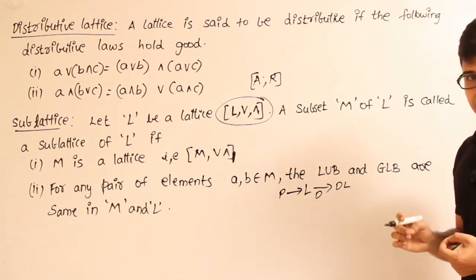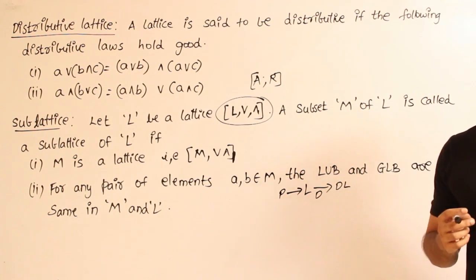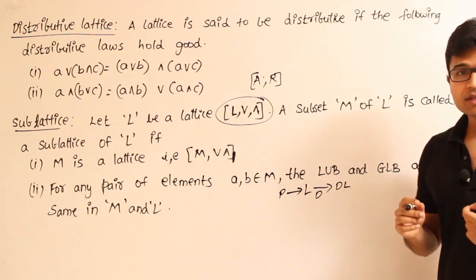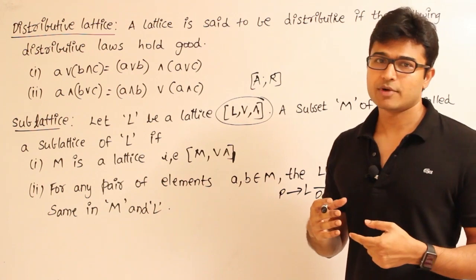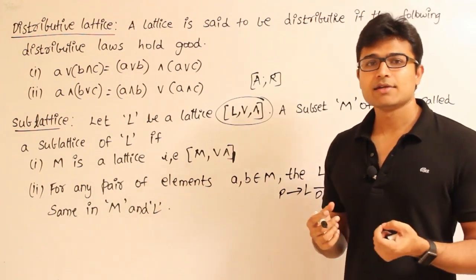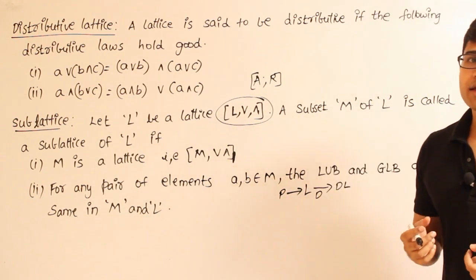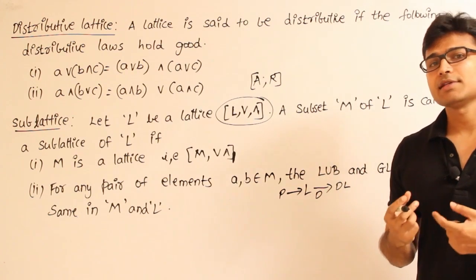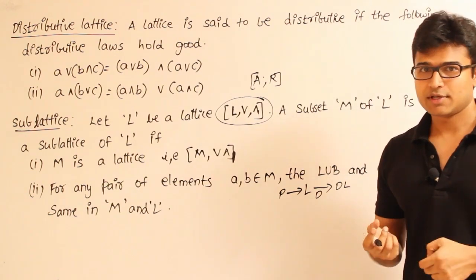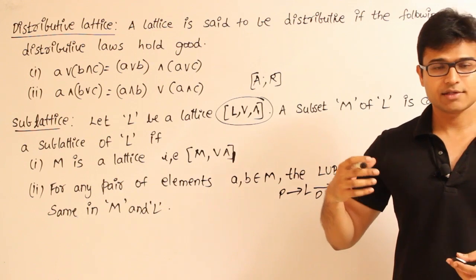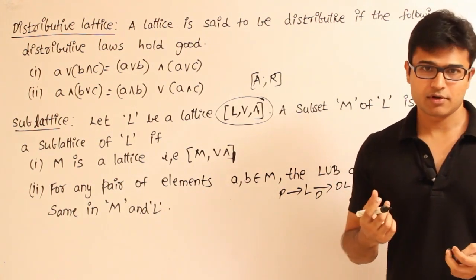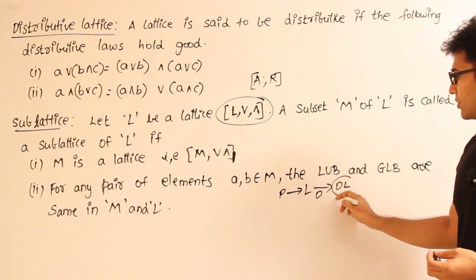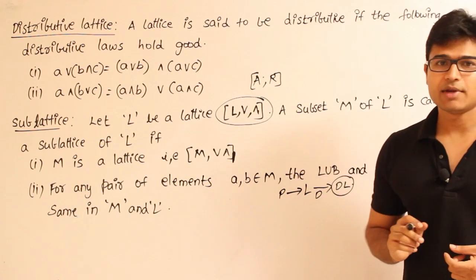But given a lattice, if you have to check whether it is distributive or not, you have to take every three elements and see whether the distributive property holds, and that is going to be cumbersome. That is why we are defining something called a sublattice. Using the concept of sublattice and a few other concepts, I can find out whether a lattice is distributive or not. That is why from distributive lattice we are going towards sublattice.